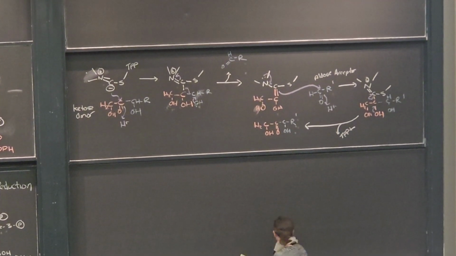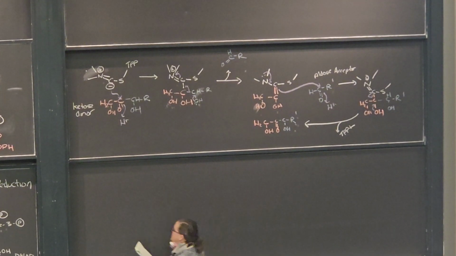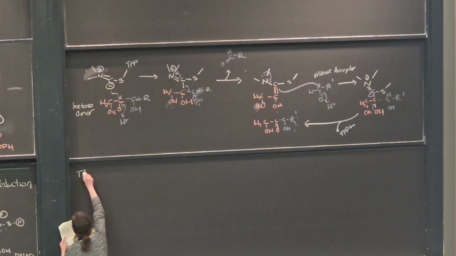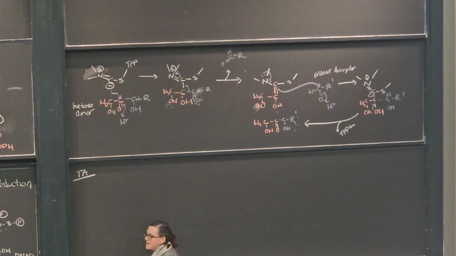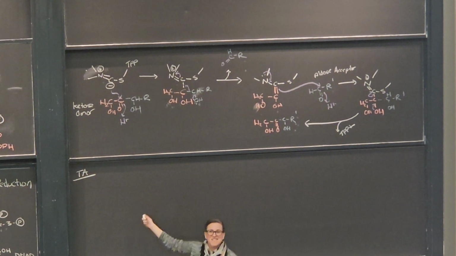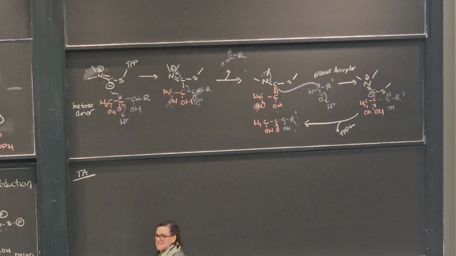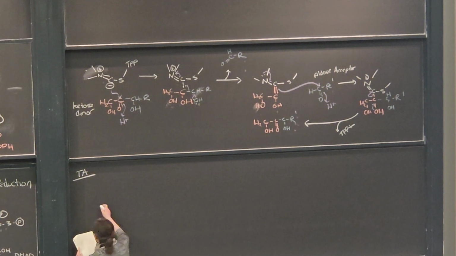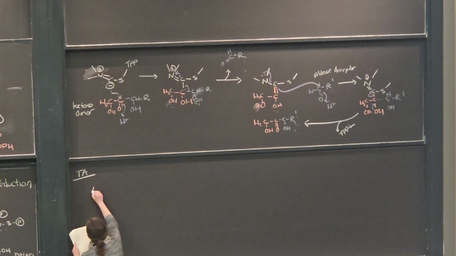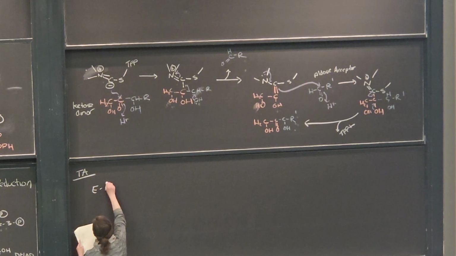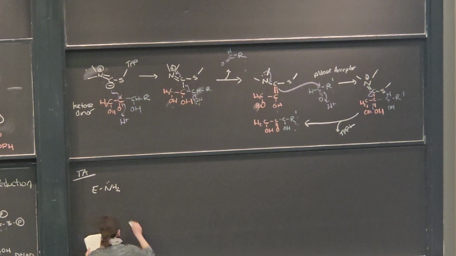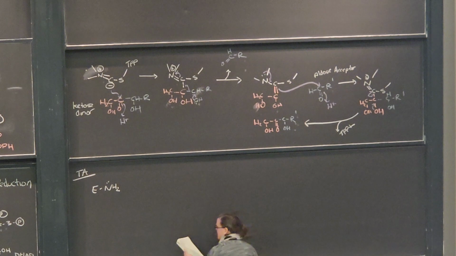All right, now let's go through the transaldolase mechanism. I mentioned earlier that this looks a lot like aldolase from glycolysis, and just like aldolase, it actually has an active site lysine that participates in a nucleophilic attack in order to launch this reaction.